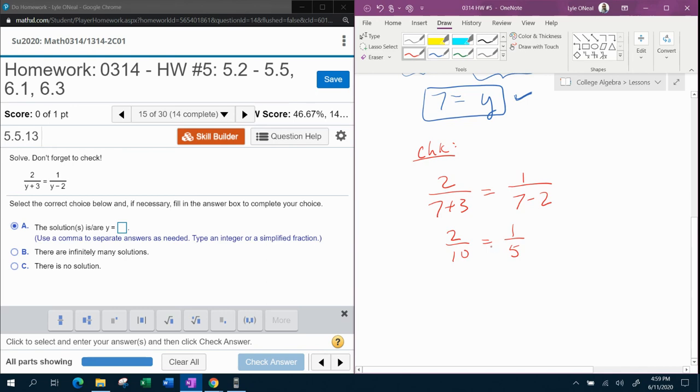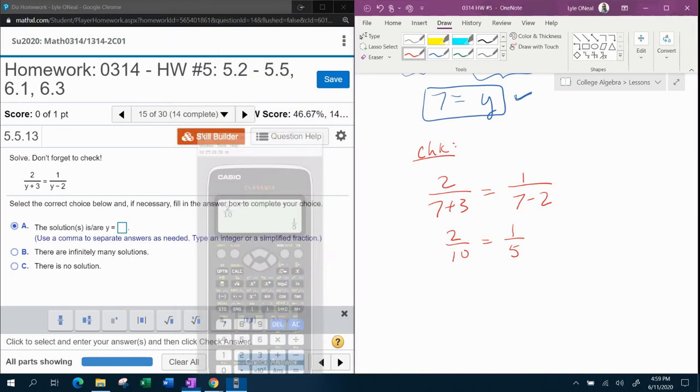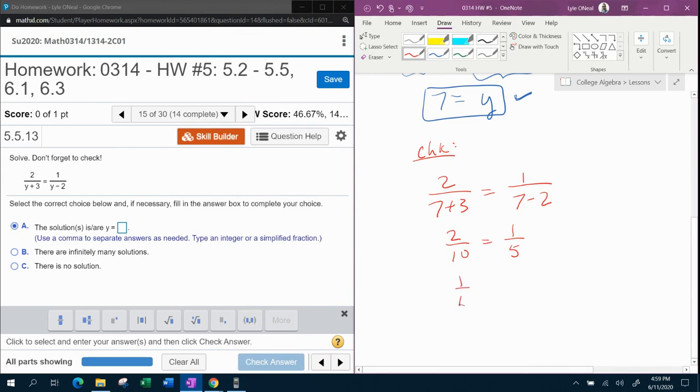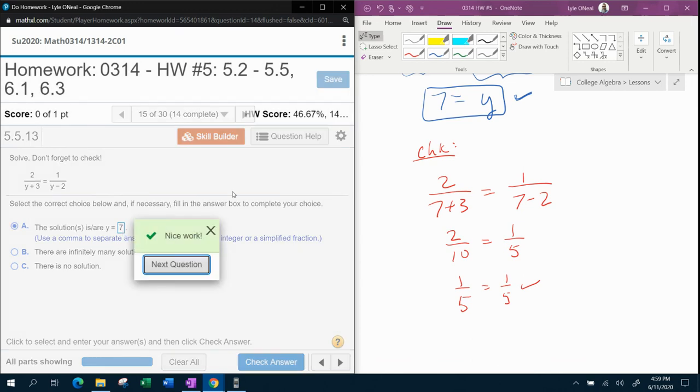And the question is, does 2/10 equal a fifth? Well, if I pull up my calculator and type in 2/10, bam, you can see that it is a fifth. And 1/5 equals 1/5. That is a true statement. So the 7 checks out. And MyLab Math likes it.